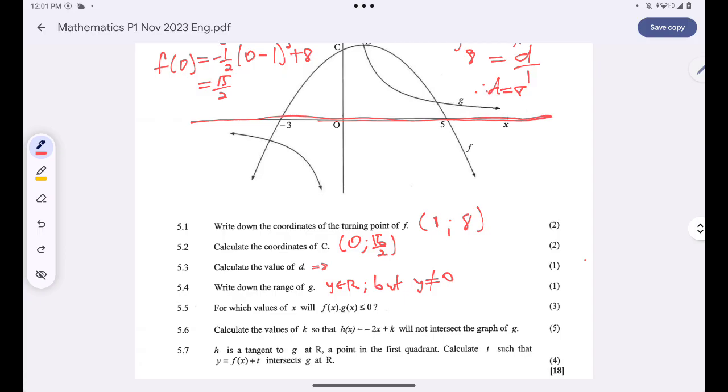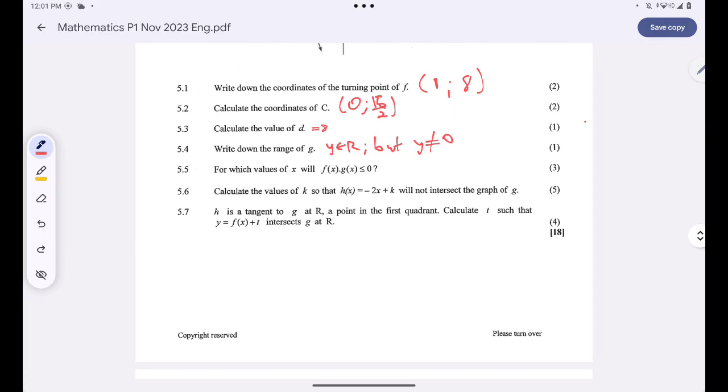So if ever, guys, you are not given a graph like this, maybe let's say your graph is y is equal to a over x minus p plus q, and they want you to find the range, just know that y will be an element of real numbers, but y cannot be equal to q. That's your range. Are we together?